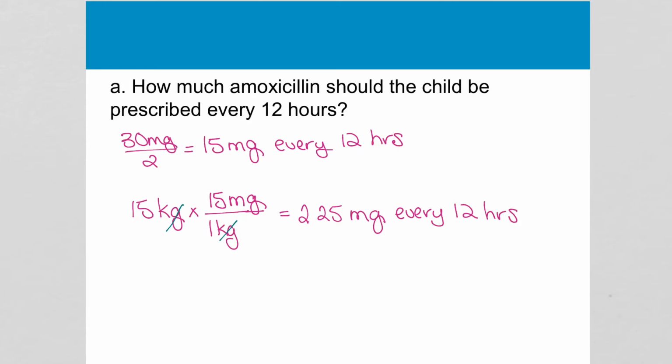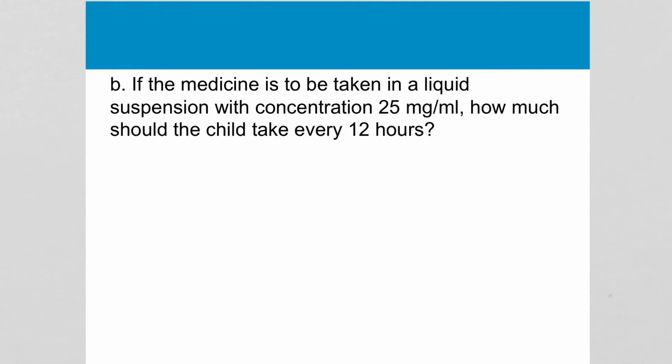The second part of the problem says, if the medicine is to be taken in a liquid suspension with concentration 25 milligrams per milliliter, how much should the child take every 12 hours of that liquid? Well, we're starting with 225 milligrams.